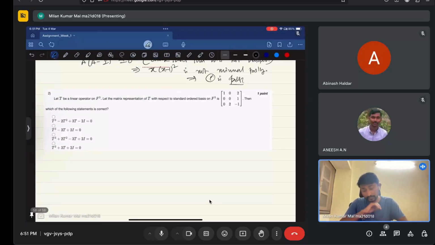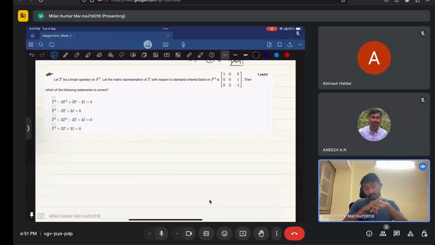So what it is saying first is that let T be a linear operator on a 3 dimensional vector space over the field F. Let the matrix representation of T with respect to the standard ordered basis of F3 be given this way. Which of the following statements is correct?